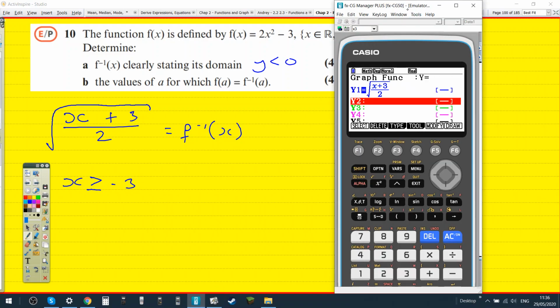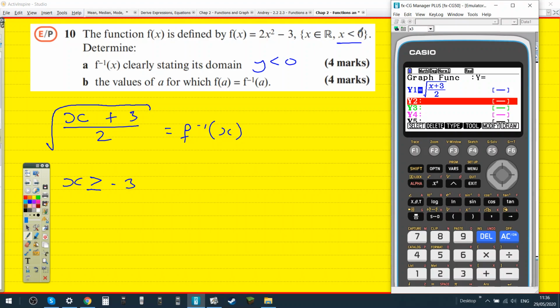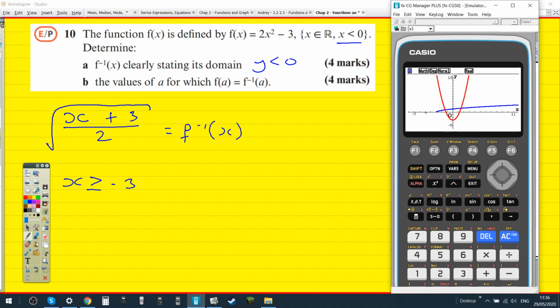The reason why I thought this one was weird is because the first one said x is less than 0. So if I put in that first one, 2x squared minus 3, it says x is less than 0, so it just wants the left side only. So let me go back to that one. I'll do comma, shift plus, if x is less than 0, so that's negative infinity comma 0, shift minus for close square bracket.